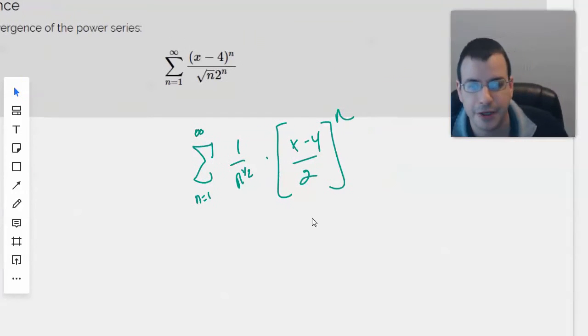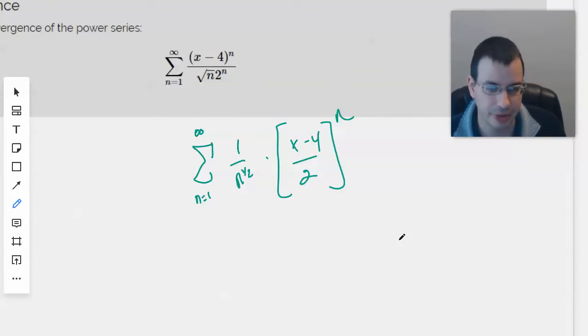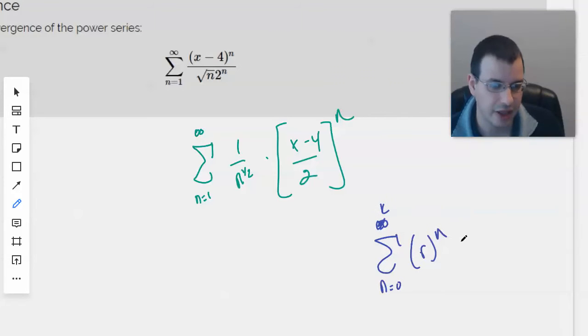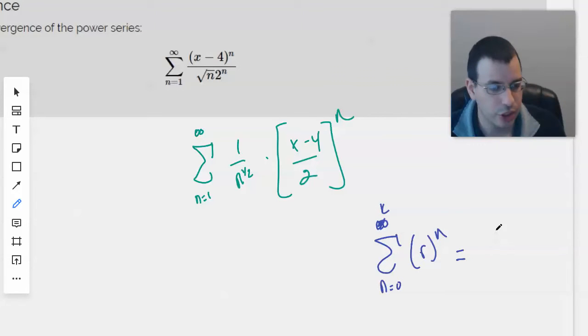Now we have the geometric series. The geometric series is of the form the sum from n equals 0 to k of r to the n, and that we know equals (1 minus r to the k plus 1) all over (1 minus r).